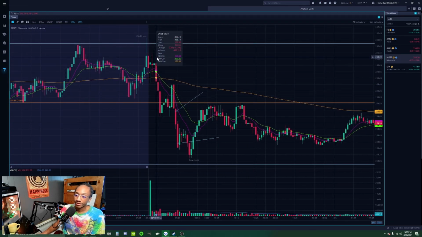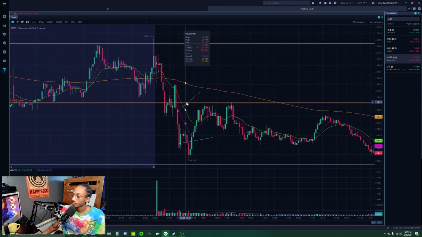So it opened up here, it came down, and you see it broke this little support right here at 255. I was waiting to see how it was gonna interact. It looked like it wanted to stay above this support right here, but it didn't.